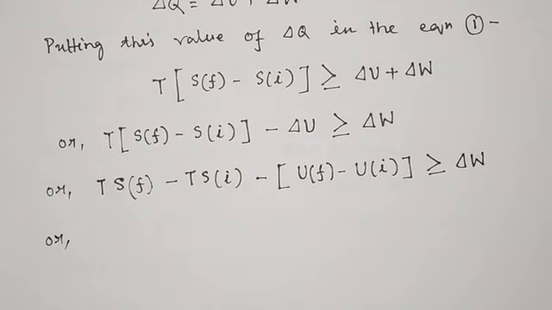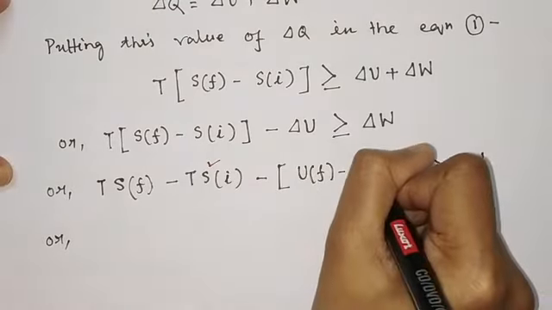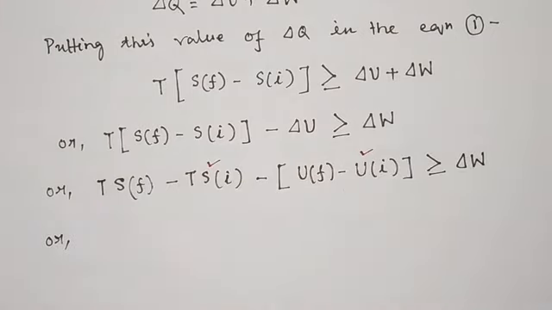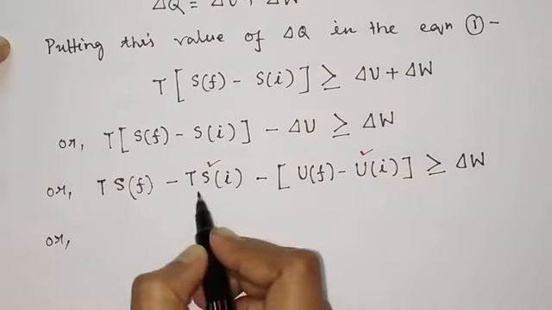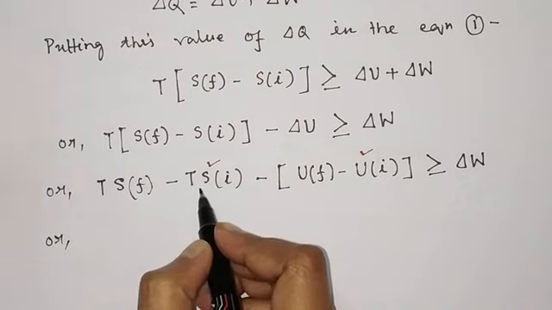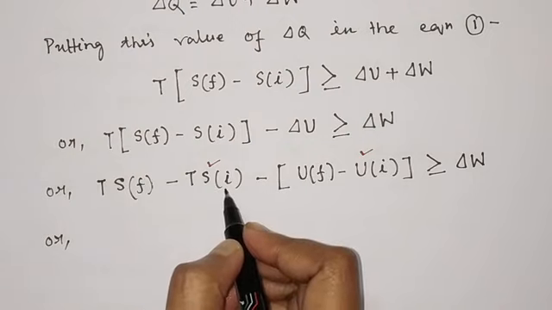Now we will write the terms at the final state together. First we'll take the terms for the initial state. This TSI term and this UI term, we will write them together. UI is the internal energy of the initial state, and T is constant throughout the process, so it is the same for the initial state and the final state, and SI is the entropy of the initial state.